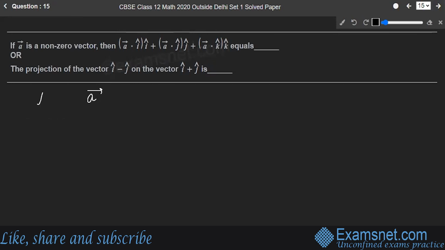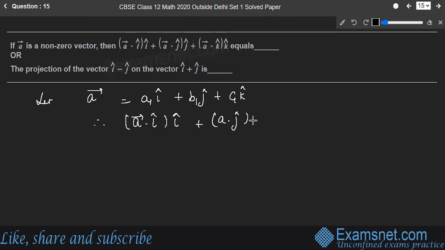Let's say A is equal to A1 i, B1 j, C1 k. Therefore, (A.i)i plus (A.j)j plus (A.k)k is equal to A1 i plus B1 j plus C1 k. Or this is simply A.